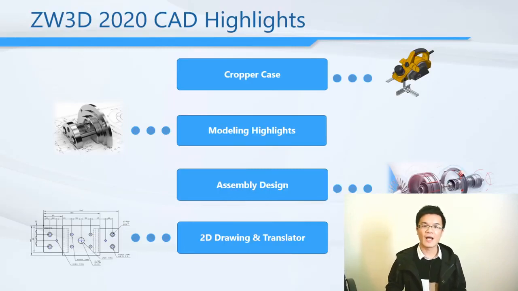First, I will show you how to do the design for a proper case, and then the modeling highlights. And then I will tell the assembly design, including the animation, the 2D draft, the standard parts, and the 3D BOMs. And we also have a lot of surprising tools in 2D drawing and translator.